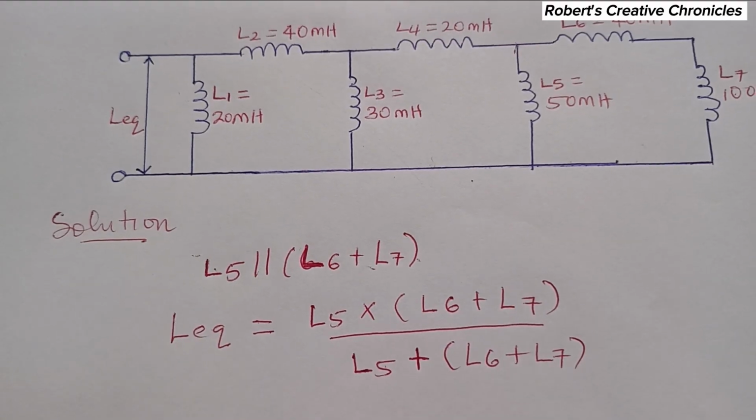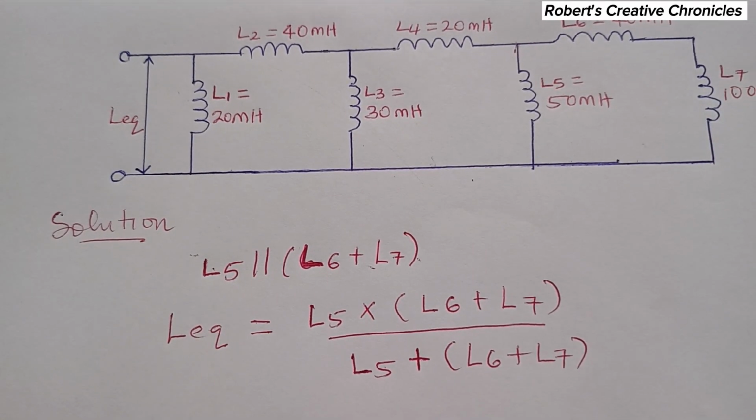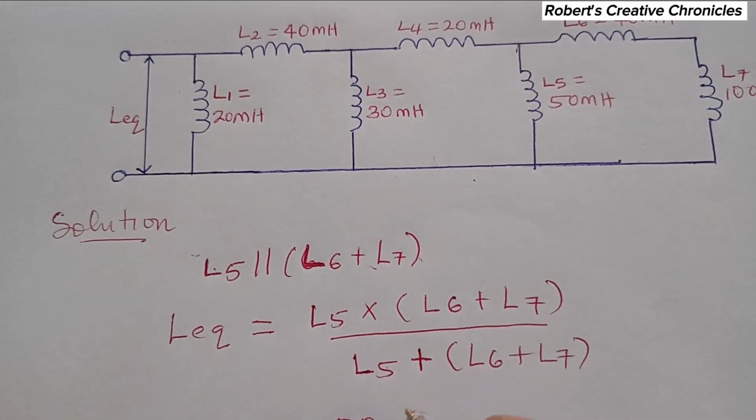So now the inductance for this: L5 is 50, L6 is 40, and L7 is 100 millihenry.